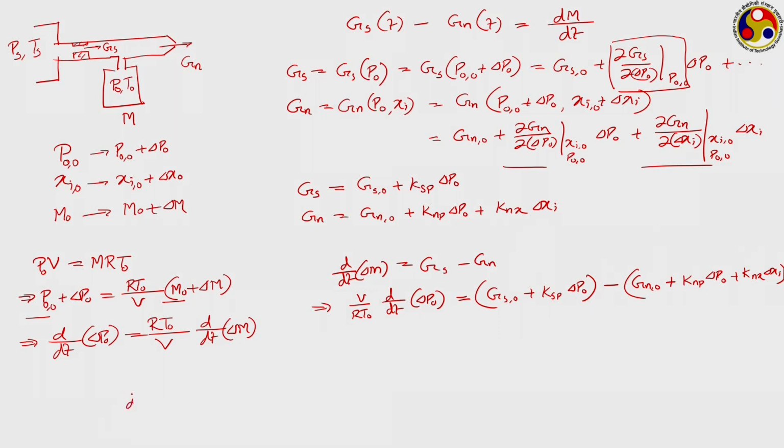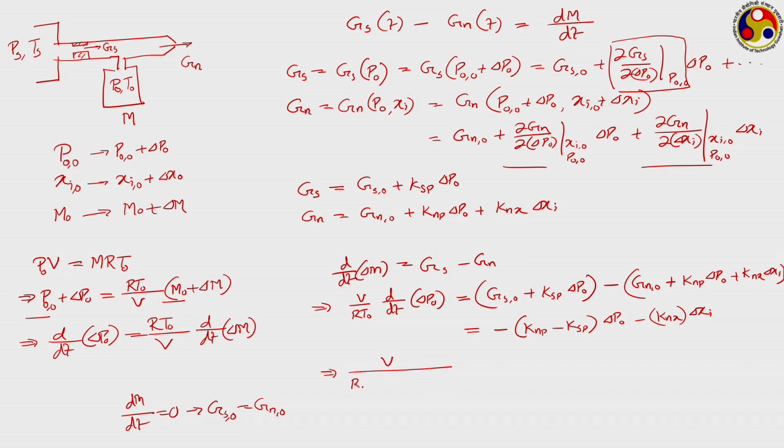That is, when the system is under equilibrium, dm dt is equal to 0, thereby giving Gs naught equal to Gn naught. So, making use of that, on the right hand side we have minus of k n p minus k s p into delta p naught minus k n x into delta x I.